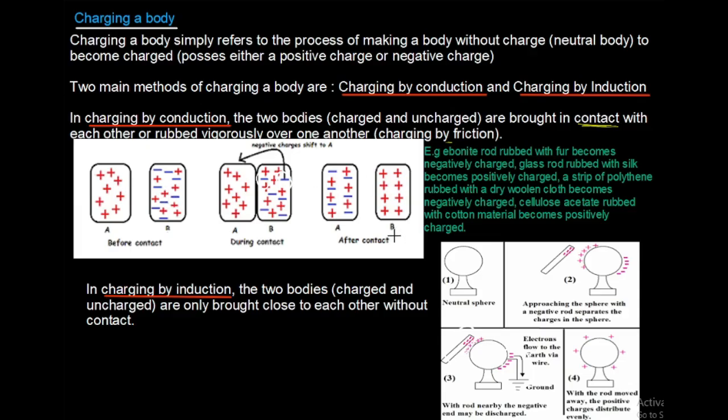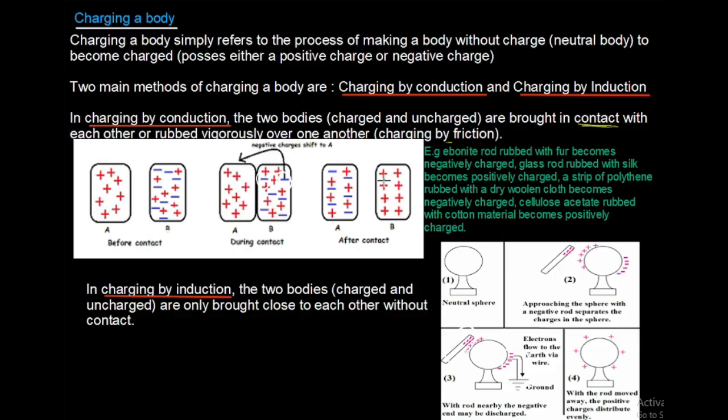The neutral body, the one which does not possess a charge, will become positively charged. If you have a negatively charged body being used to charge a neutral body, the neutral body at the end of the day will become negatively charged. So a positively charged body produces a positively charged body, and a negatively charged body will also give us a negatively charged body.